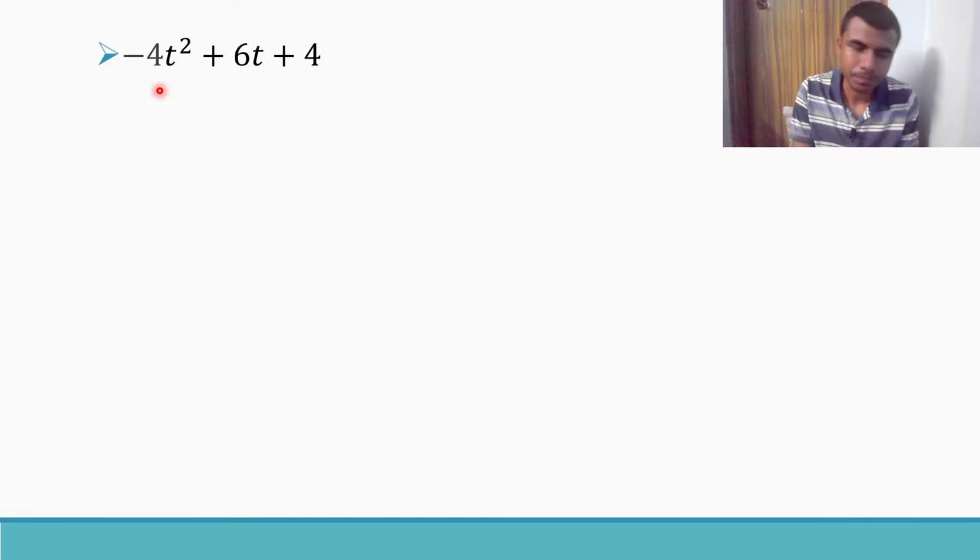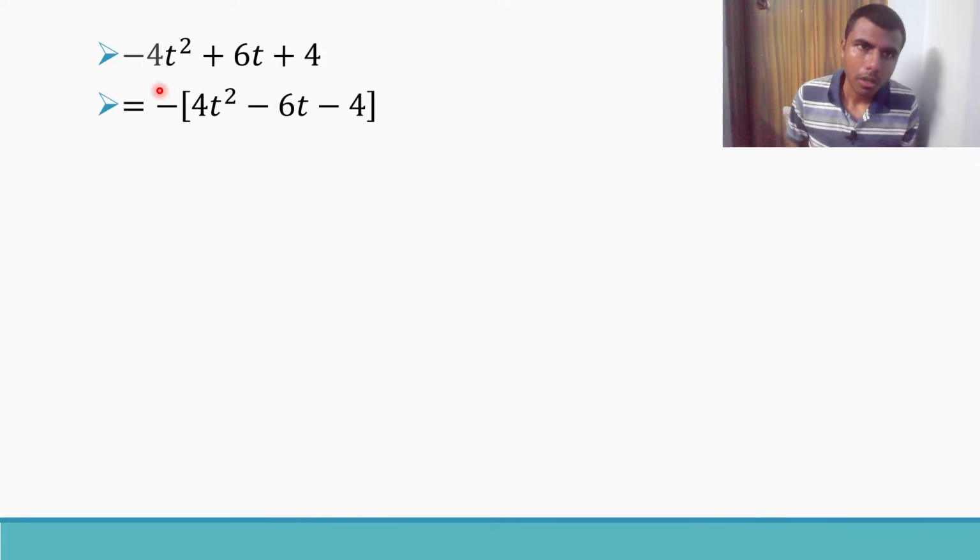Now what to do? First, take the minus common, so I get minus of 4t square minus 6t plus 4. Here, since I took minus common, minus 4t square becomes positive 4t square, and minus 6t minus 4. I hope this step is clear. Next, I want to make the coefficient of t square as 1.